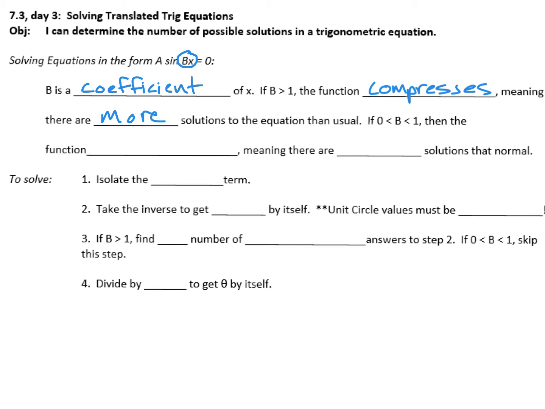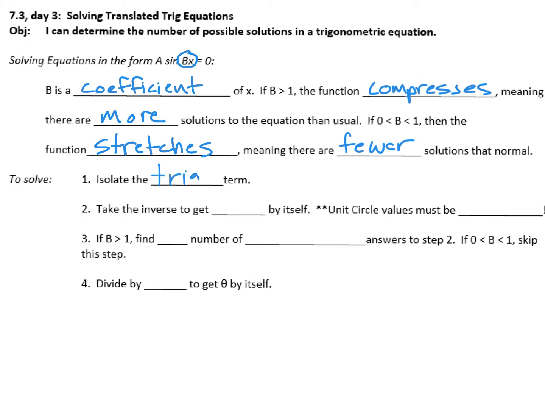If b is greater than 1, and for normal, we typically expect 2. But if b is bigger than 1, know that that number is going to go up. If b is between 0 and 1, then the function stretches, and we're going to get fewer solutions than normal.